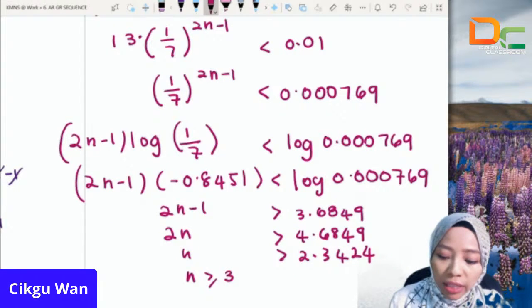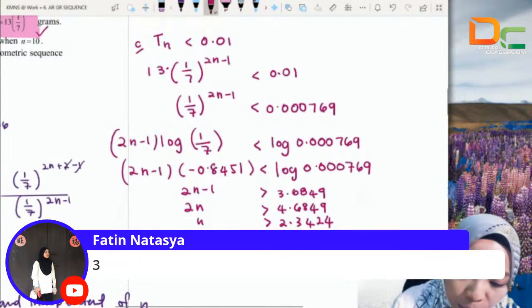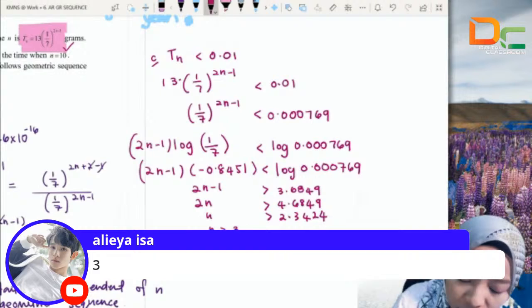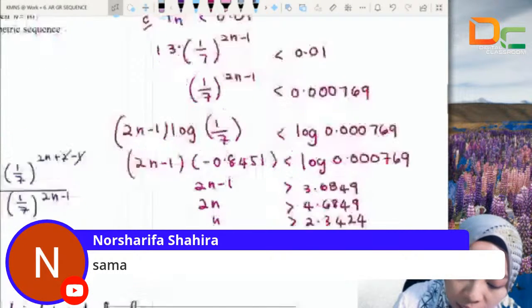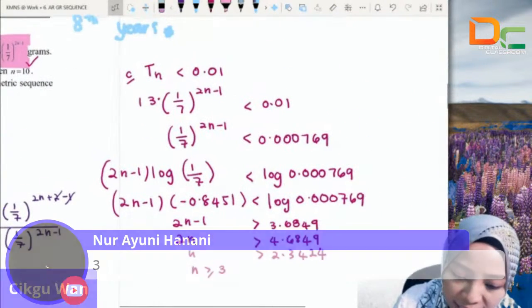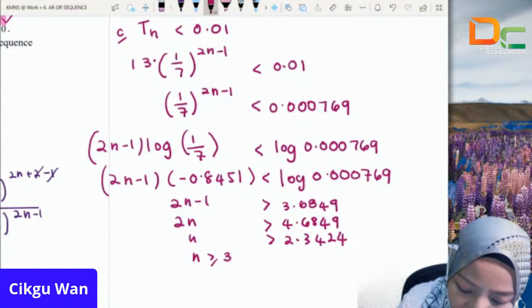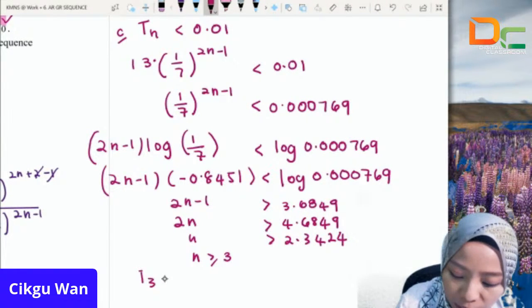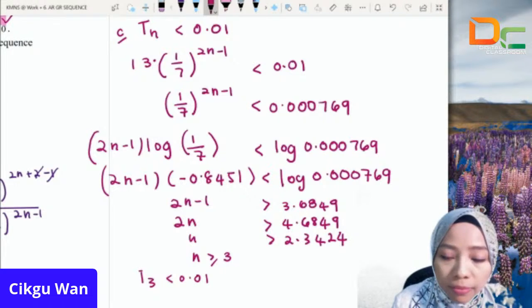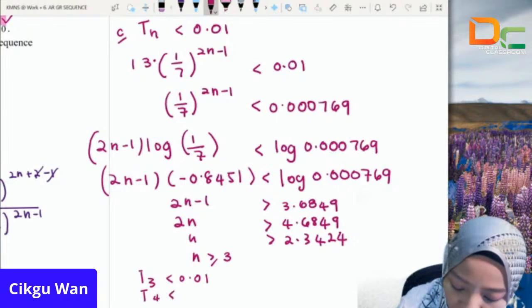Okay, what does it mean by this? I explain lagi sekali. Maksud dia untuk dapatkan Tn is less than 0.01. Maksud dia T3 akan bagi jawapan, start daripada T3 akan bagi jawapan kurang dari 0.01. T4 pun akan memberikan jawapan kurang dari 0.01 juga.